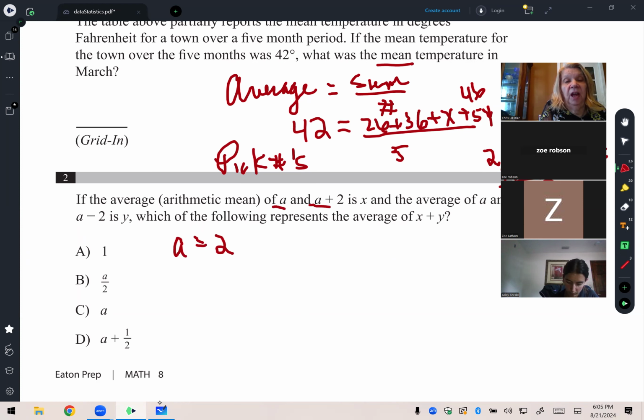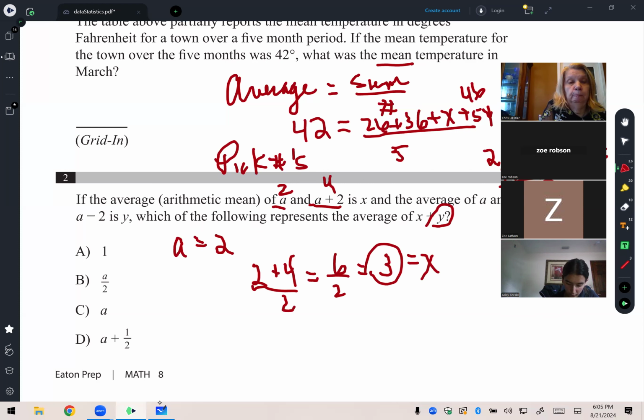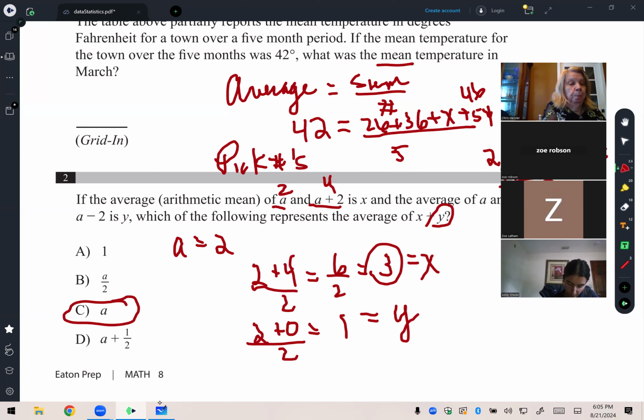So the mean of A and A plus 2, so I'm going to call that 2 plus 4, which is 3, which is my X. Then I have to get Y, which will be 2 plus 0, which is 1, which is Y. And so 3 minus 1 is 2, which is A. And you also could do the algebra if you wanted to. But I think that picking numbers, I just want to bring that strategy back.